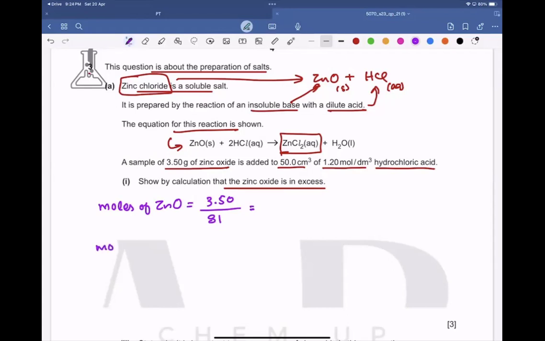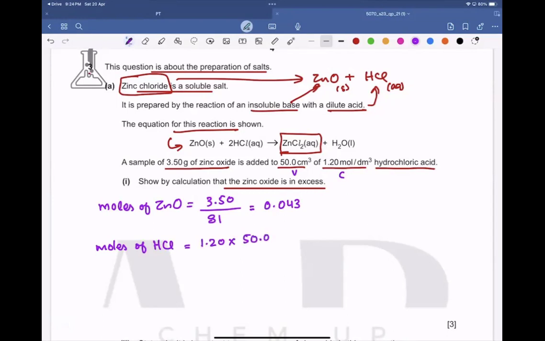Then we have to find out the moles of hydrochloric acid as well. We are given the volume and the concentration of hydrochloric acid. Can anyone calculate it and tell me the answer, please? Okay, thank you, Zainab. It's 0.043. Now the moles of hydrochloric acid are calculated by multiplying its concentration, which is 1.20, times its volume, which is 50.